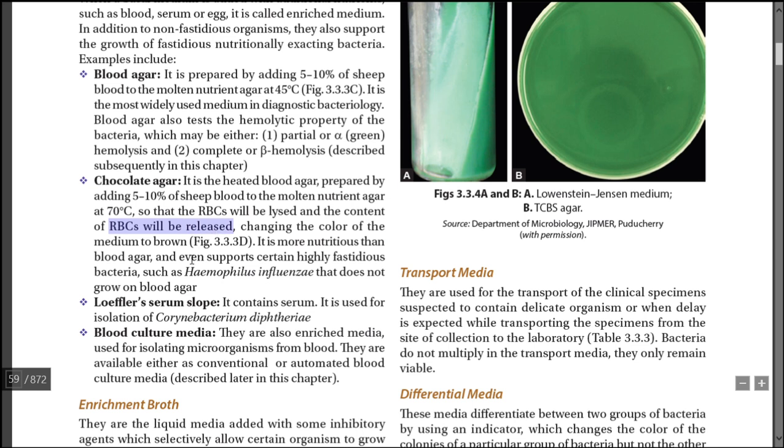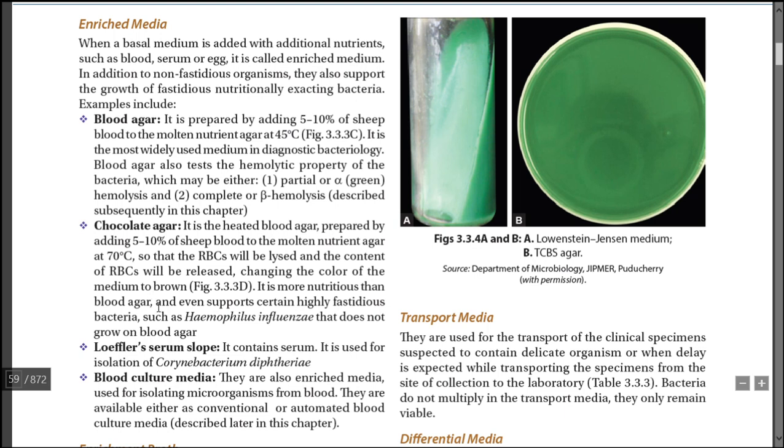It will change the color of the medium to brown. So it is more nutritious, and you should know the temperature difference at which sheep blood is added to the molten nutrient agar. It supports certain highly fastidious bacteria.